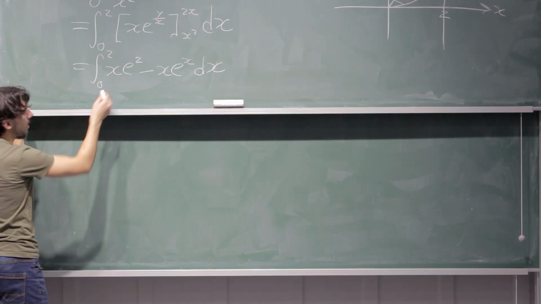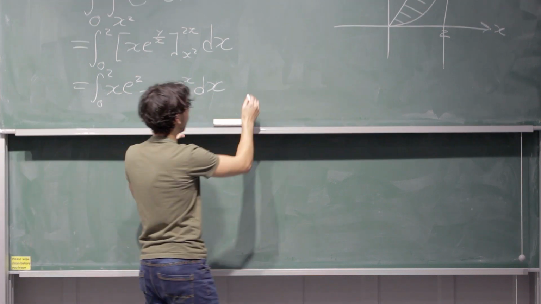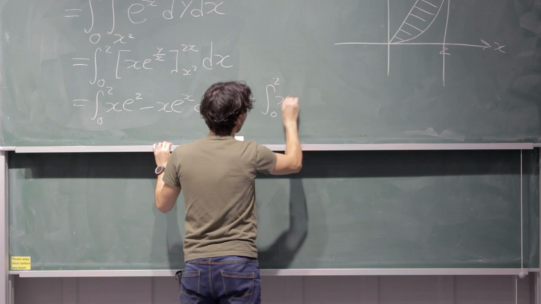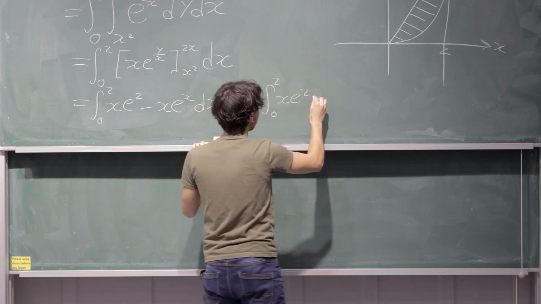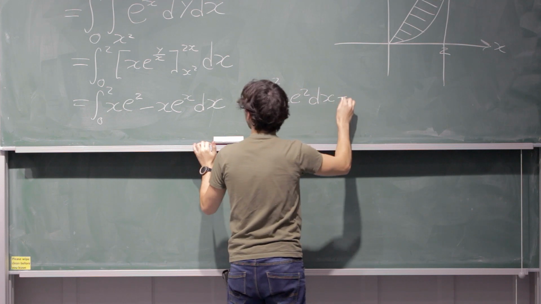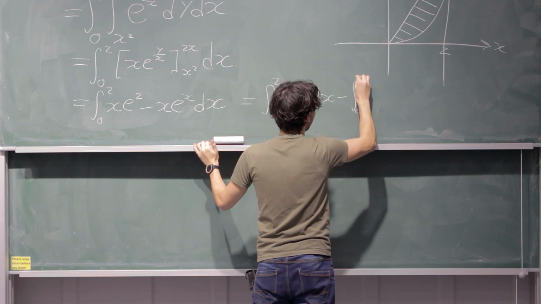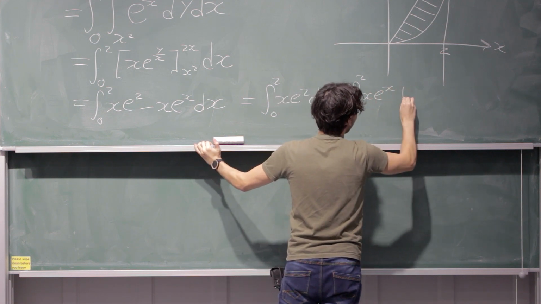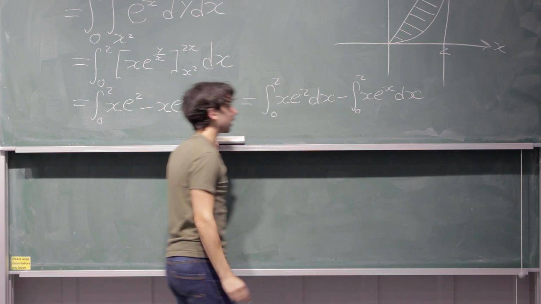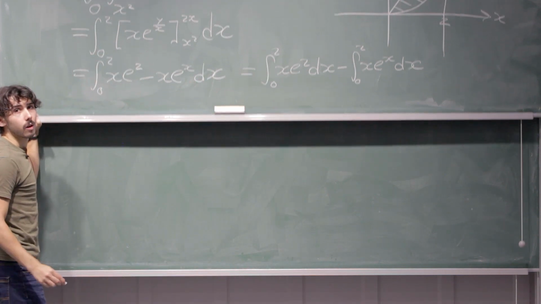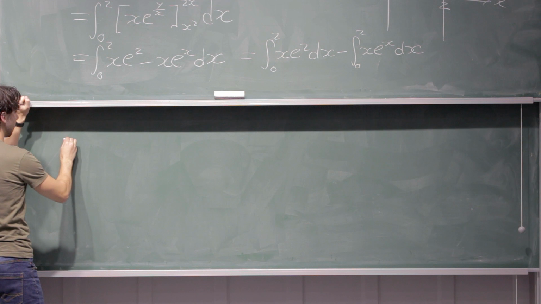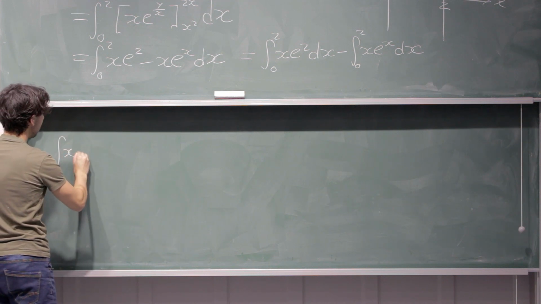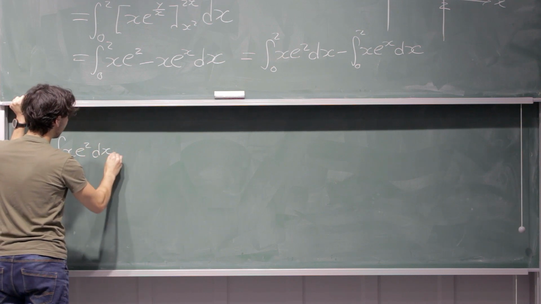Right, so let's split this into two integrals, actually. I'm going to write this as the integral from 0 to 2 of x e squared dx minus the integral from 0 to 2 of x e to the x dx, just to make our lives easier. Right. So the first integral, the integral from 0 to 2 of x e squared dx, that's a nice easy one.